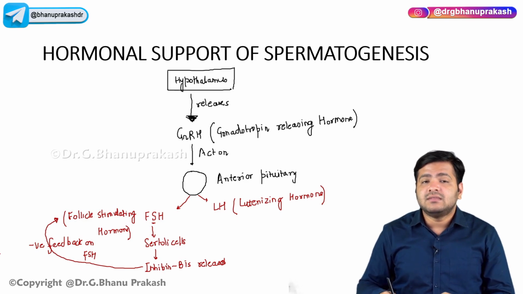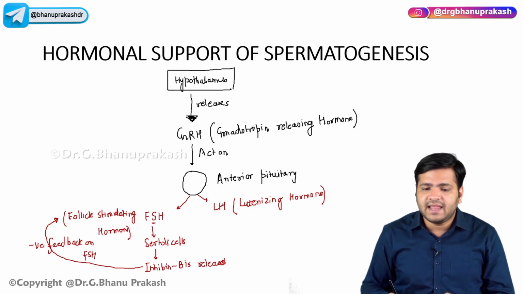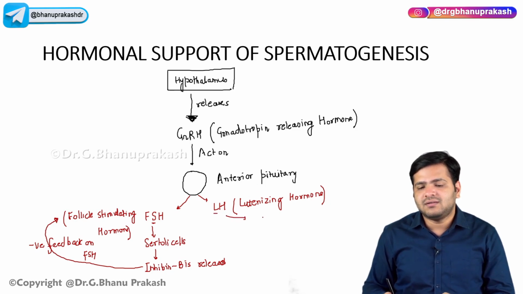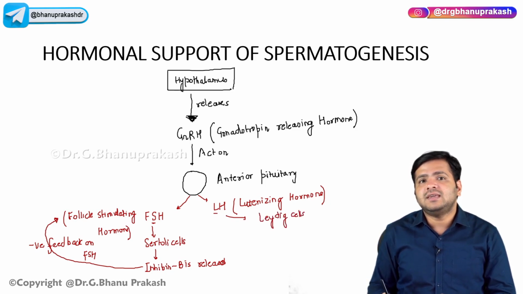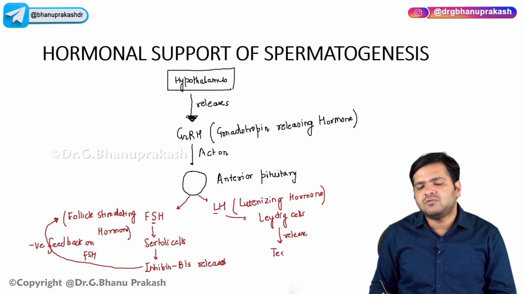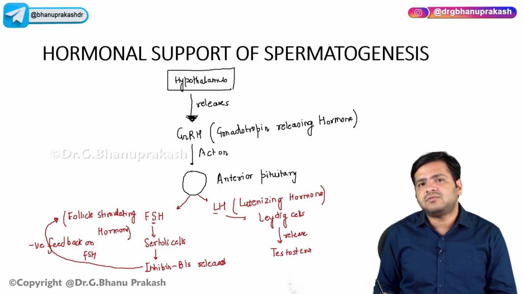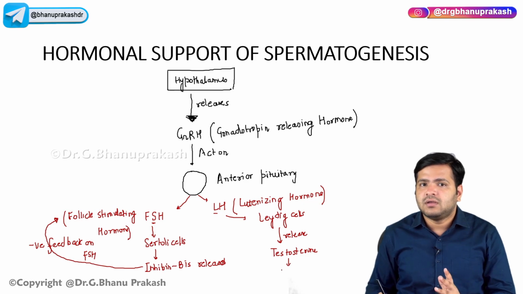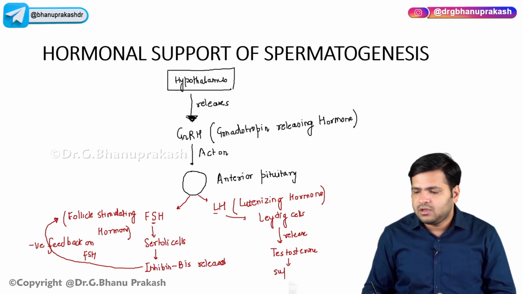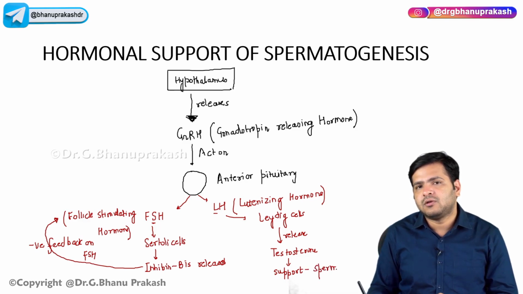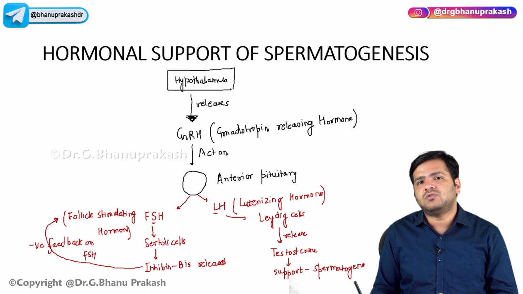On the other hand, the luteinizing hormone will act on the Leydig cells. So you already know LH. L stands for, like you can remember, the Leydig cells. These Leydig cells will release testosterone, and this testosterone will bring out secondary sexual characters, and it will also support spermatogenesis.